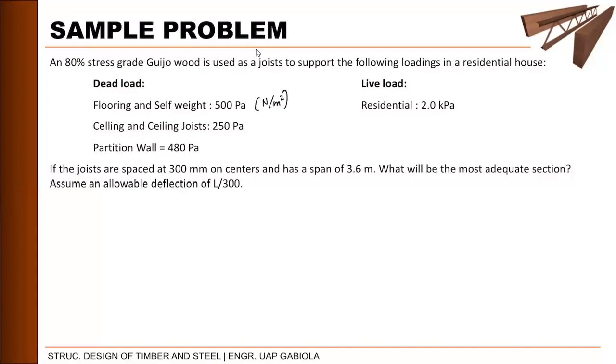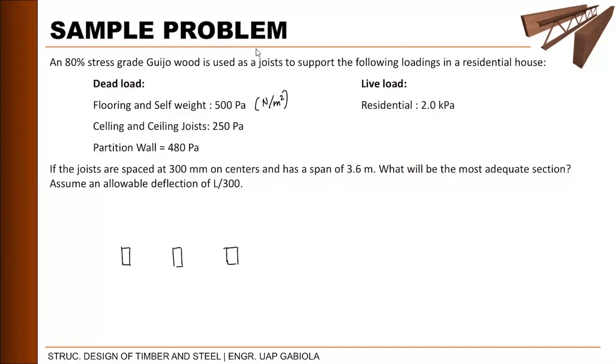Okay, so what to do first is to at least conceptualize kung anong itsura nung mismong structure na dine-design natin. So let's say ito yung ating joist na lalagay natin. Then let's say meron siyang nakapatong na flooring system.